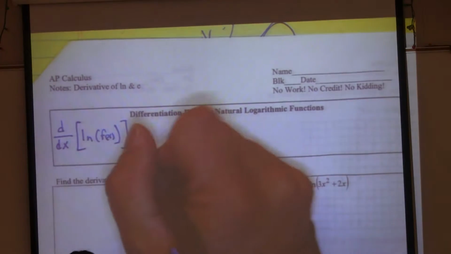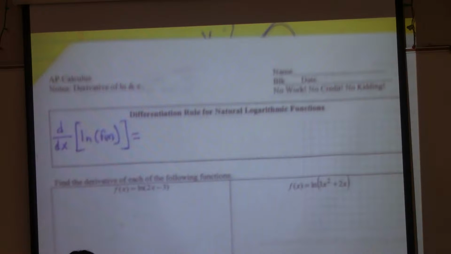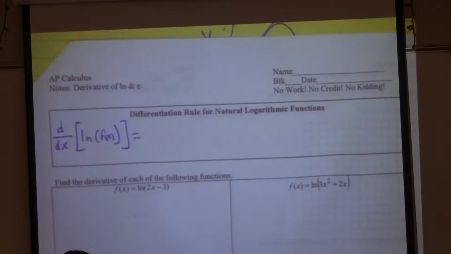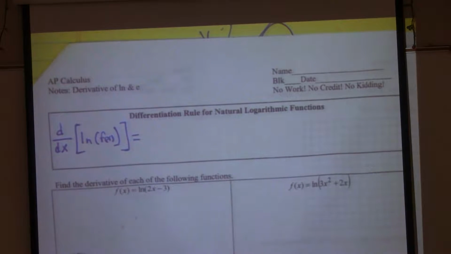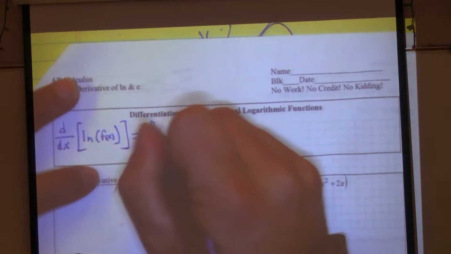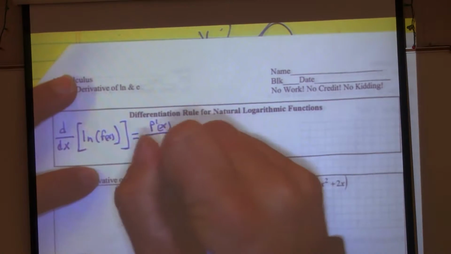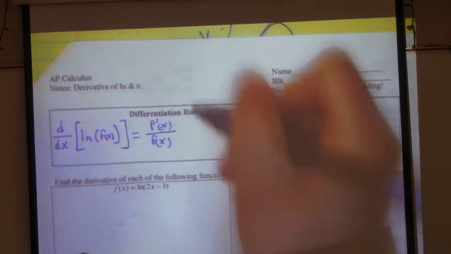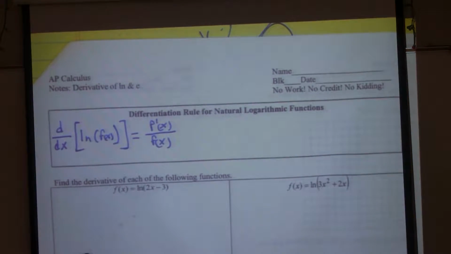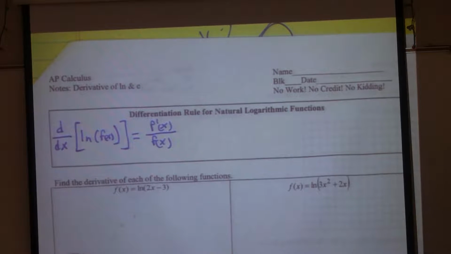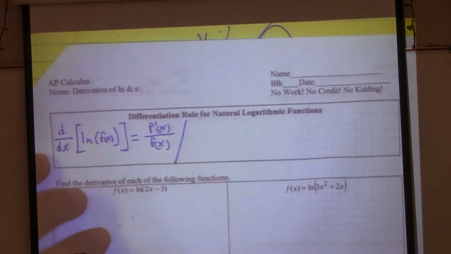It's actually really easy. Okay, so the shortcut rule for this one is simply the derivative of the function over the function. So it would be f prime of x over f of x. Is that pretty easy? That's the derivative. Okay? So another way to think of it is like this.